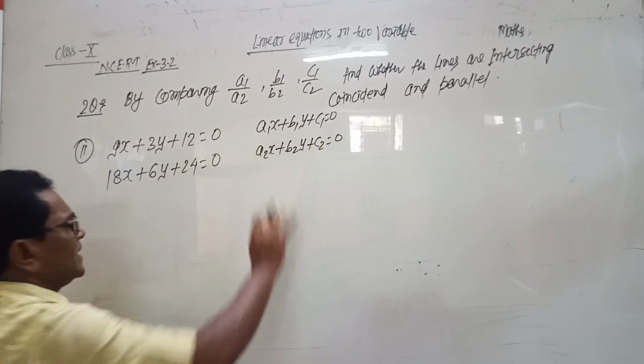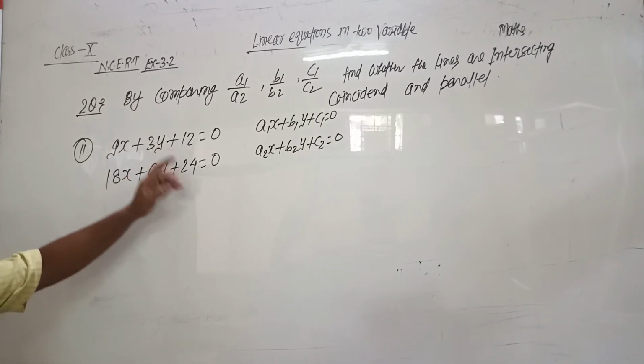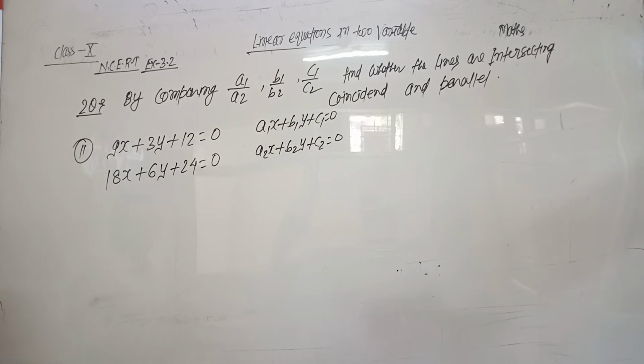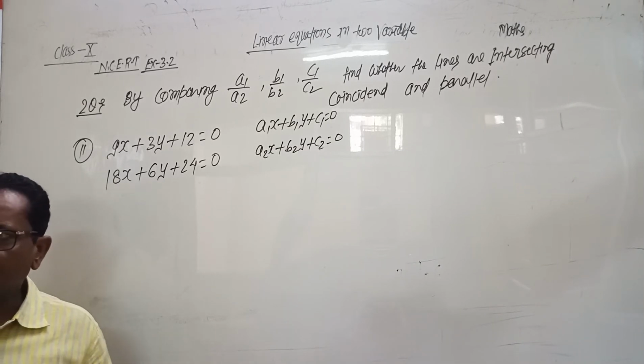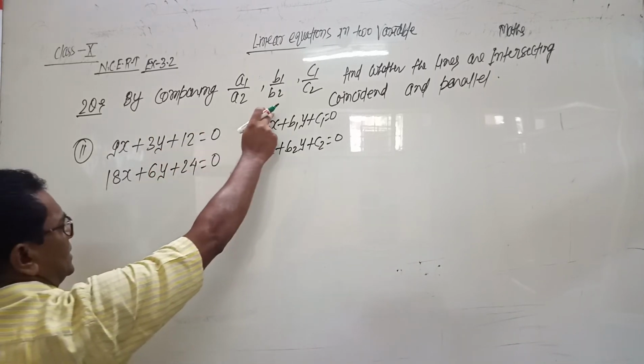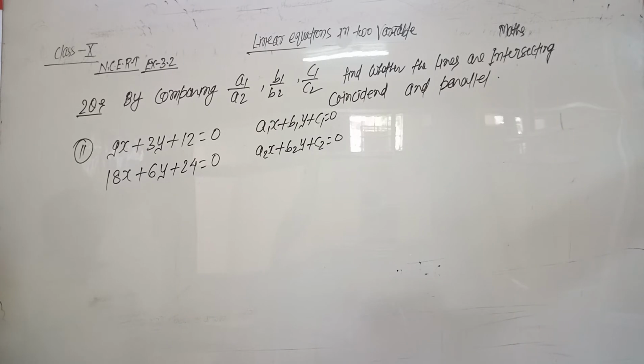So we compare these two equations with the standard equation of a linear equation, and we determine the values of a1, b1, c1 and the values of a2, b2, c2.